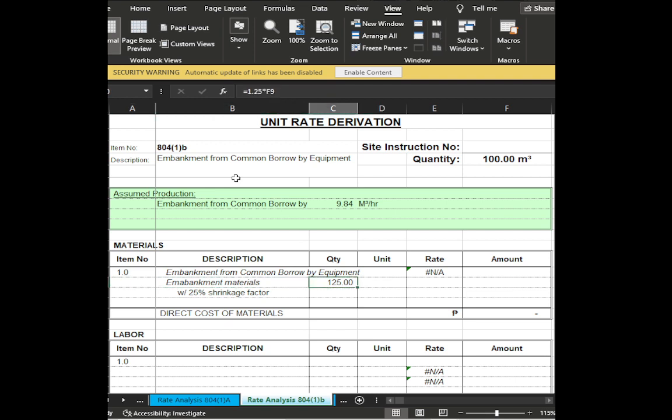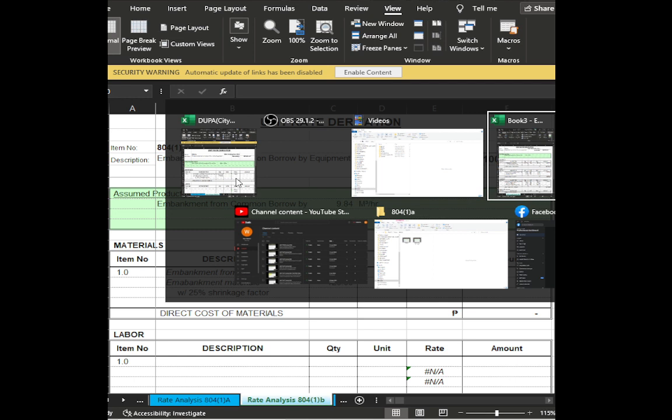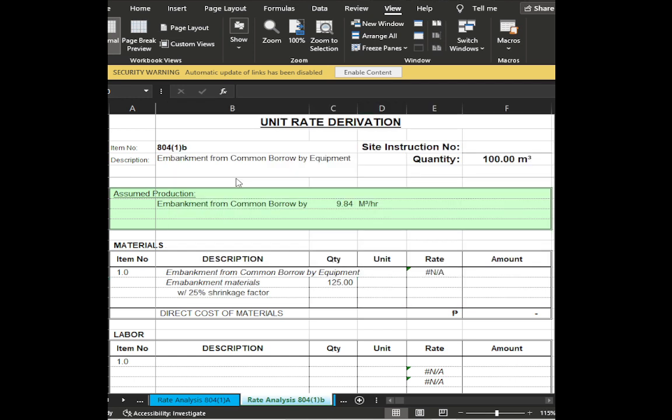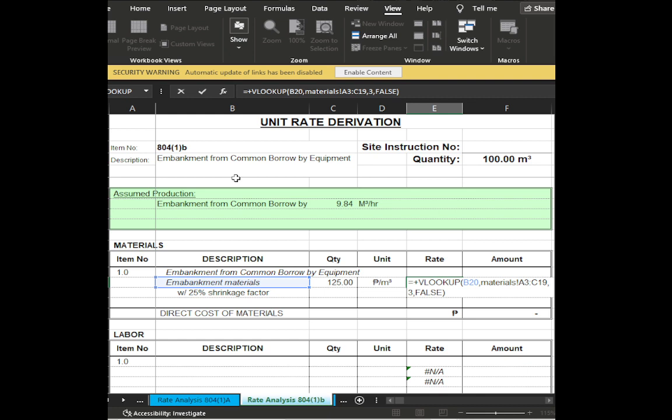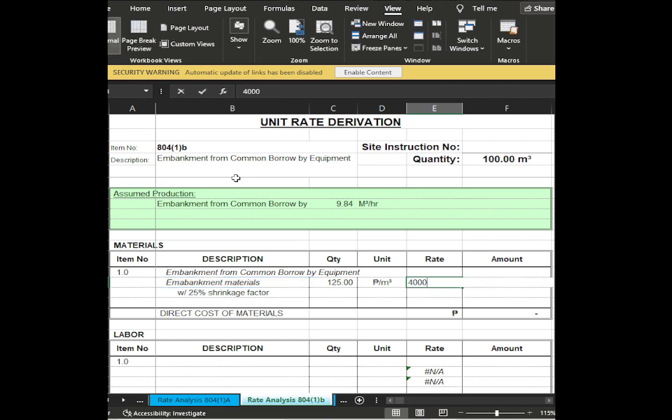Because this one is loose material, the unit is peso per cubic meter. We will assume the price here is 400 pesos per cubic meter.